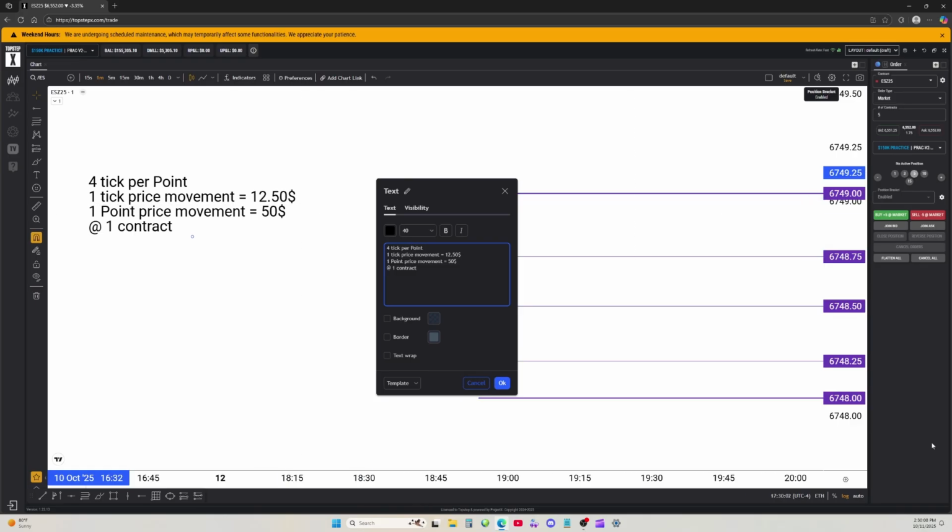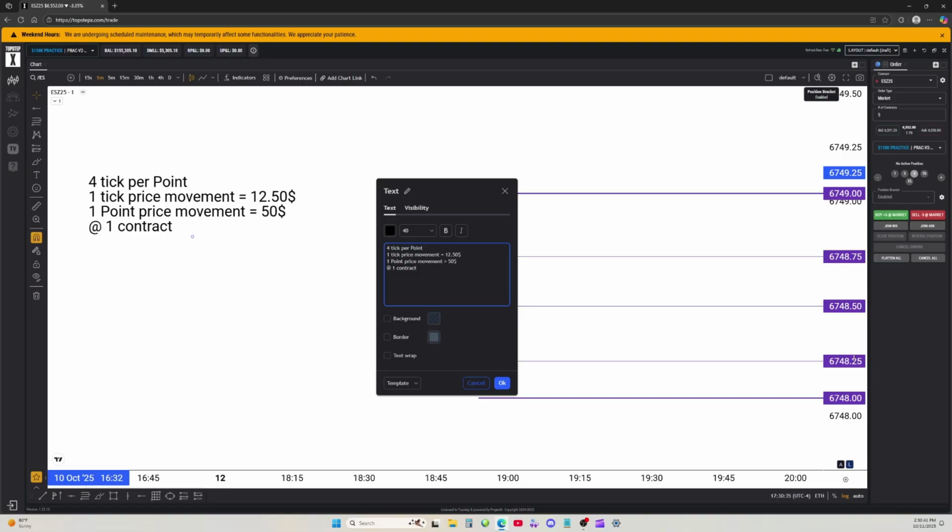At one contract. So when you buy futures, you buy contracts. One contract, it moves up one tick. Say I bought at 48.25. I sell at 48.50. That's one tick. It moved up. Vice versa. I bought at 48.50.